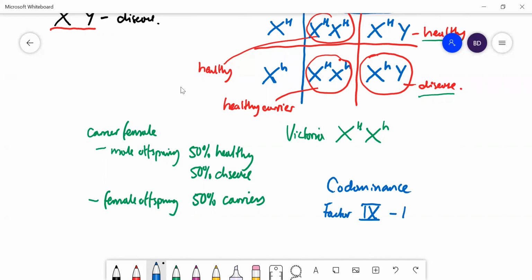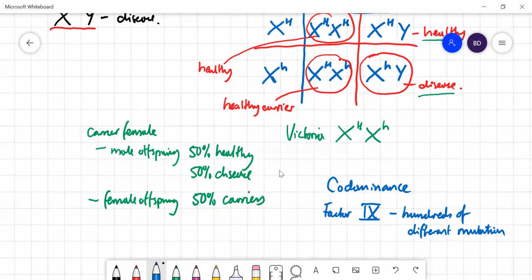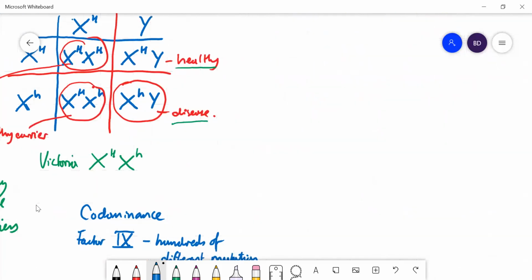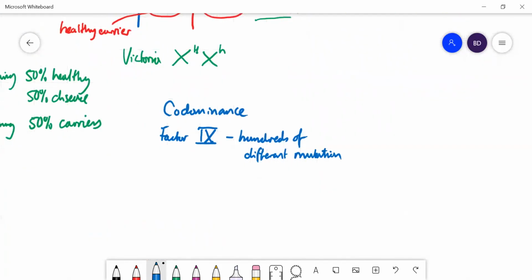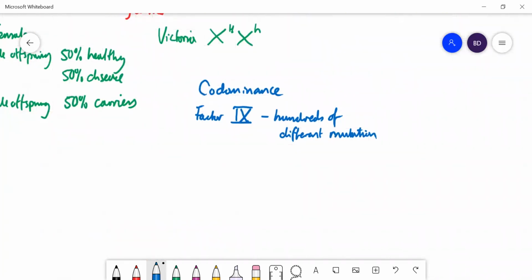There's actually hundreds of different mutations that have been identified. And usually when a female is a carrier, they don't have any symptoms, but occasionally, depending on the particular mutation, it is possible sometimes for a female carrier to have mild haemophilia.